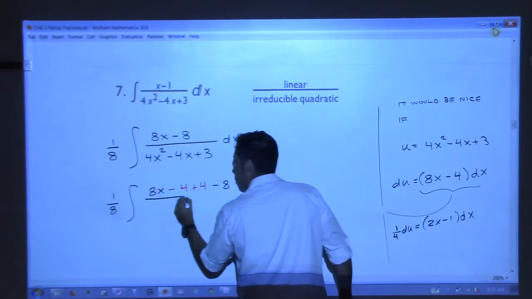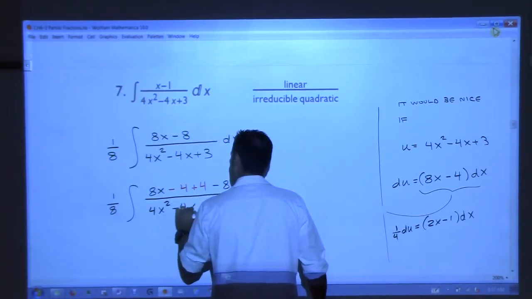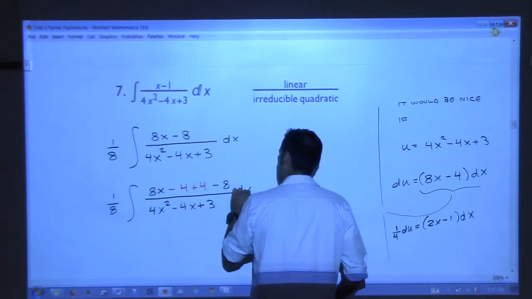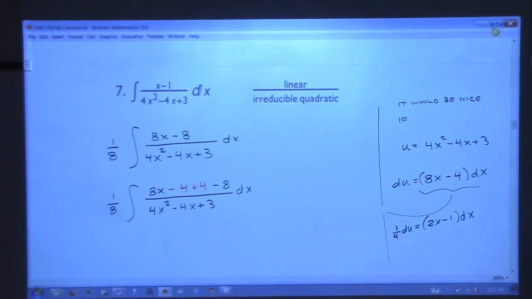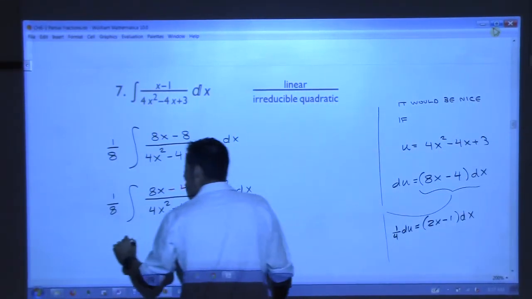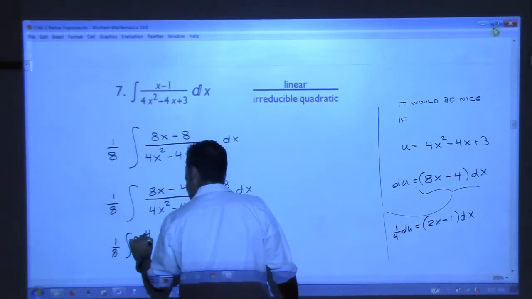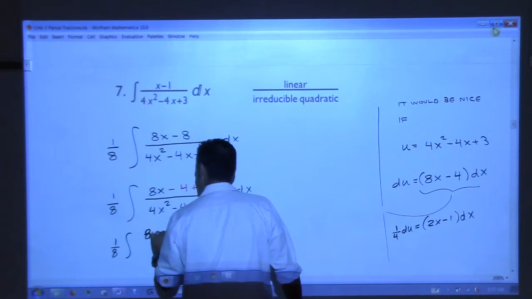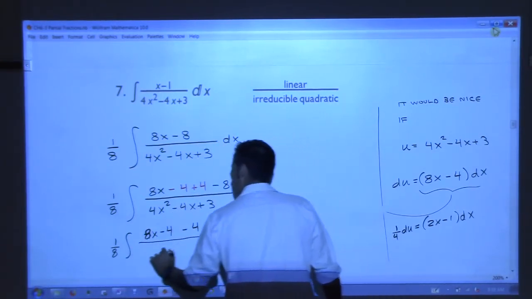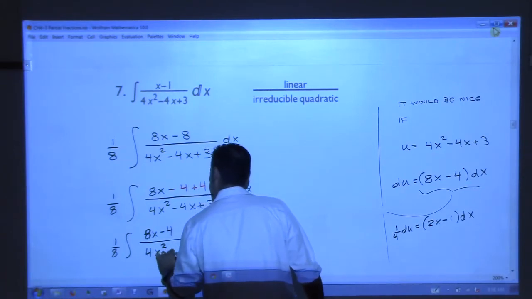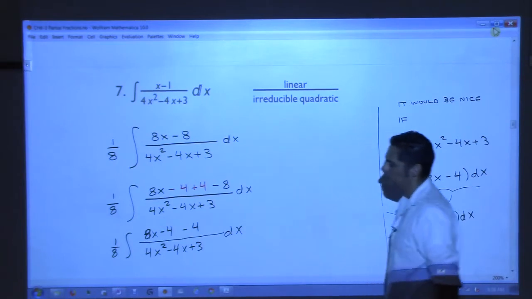And then over 4x squared minus 4x plus 3 dx. Y'all with me? Okay, now this is 1/8 integral of 8x minus 4 over 4x squared minus 4x plus 3 dx.